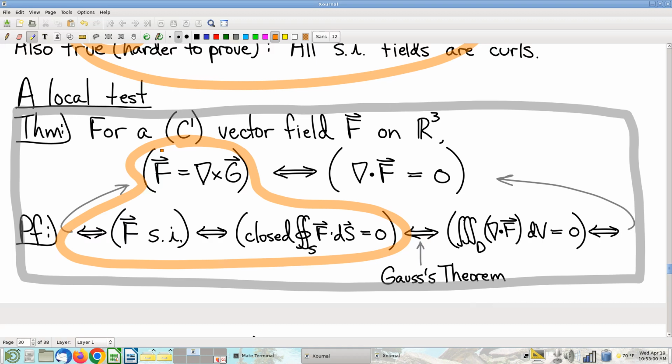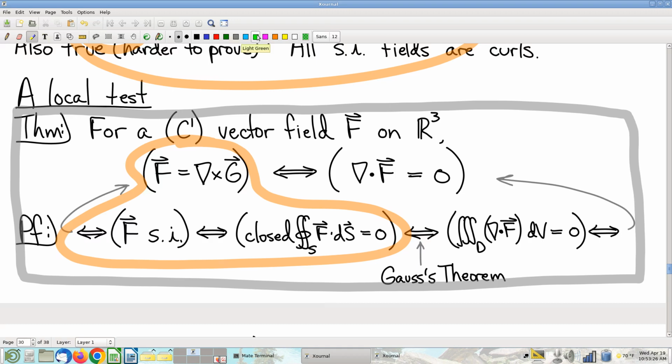I don't want to prove it both ways. But being a curl, being surface independent, restating surface independence as all closed fluxes equal zero, these are all simultaneous. Again, we need to make sure everything is continuously differentiable. Big problems come up if there's regularity issues. Not our problem in this course. So this is what surface independence looks like.